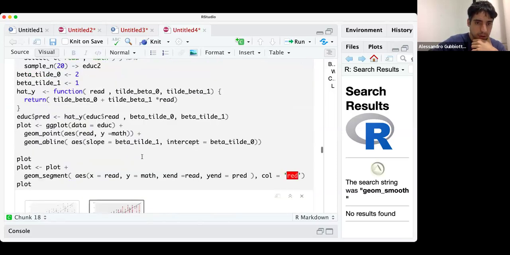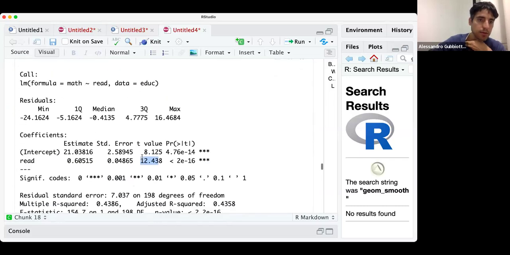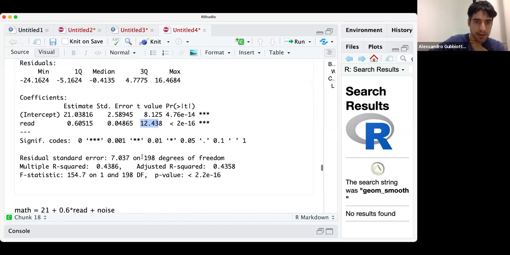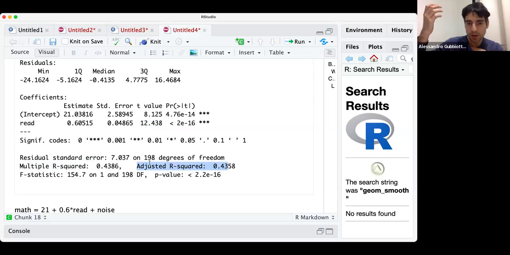Okay, so we have said what the multiple R squared is. The adjusted R squared is like the multiple R squared, but it accounts for something important when we have more variables, because adding a variable is not free in statistics.